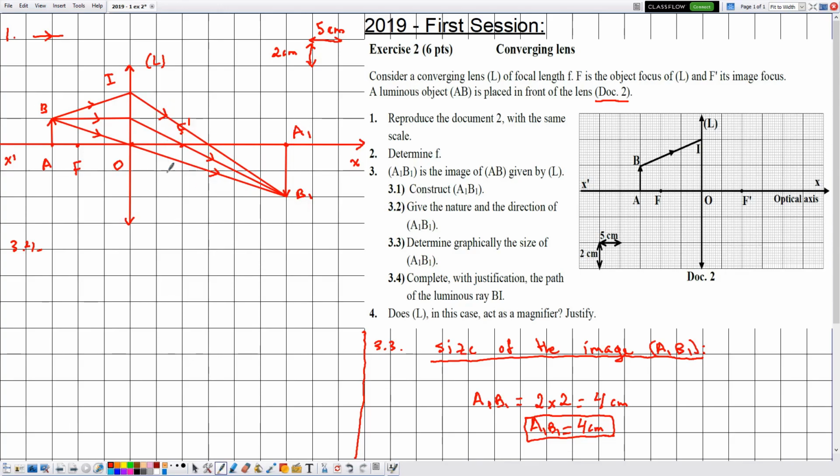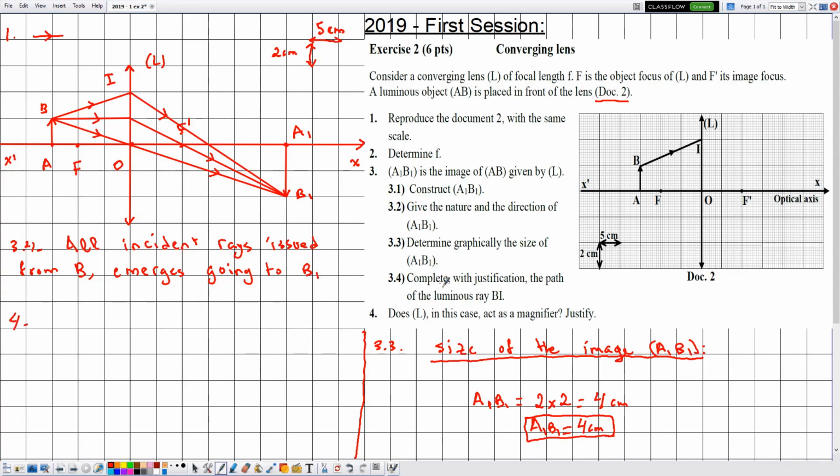Now let's do the justification. All incident rays issued from B emerge going to B1.